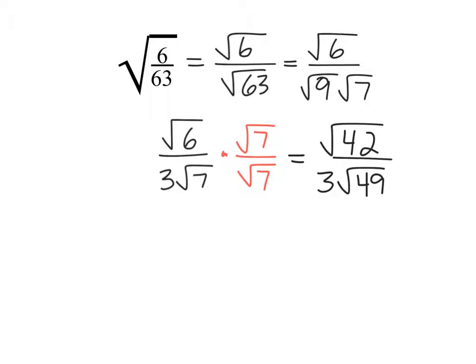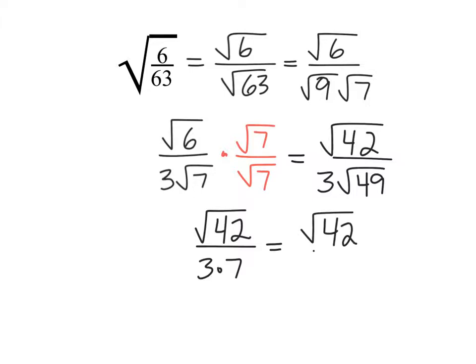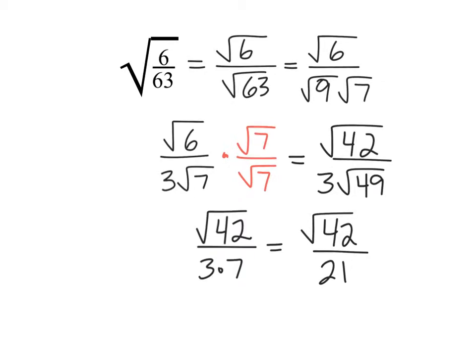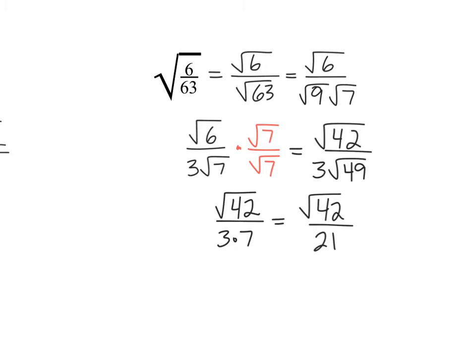Which, since those square roots cancel out, you just end up getting 7. So it's the square root of 42 over 3 times 7. Final answer is this. No, you cannot divide 42 divided by 21. Because 42 is in a square root and 21 is not, you have to leave them separate.